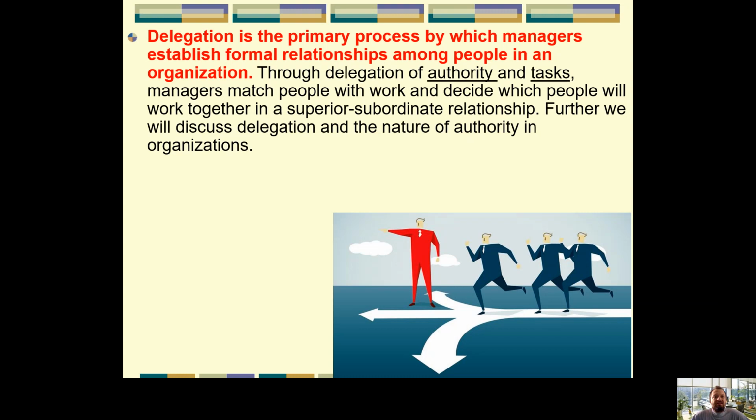We are using delegation. And delegation is the primary process by which managers establish formal relationships among people in the organization. And when using delegation, we are using such terms as authority and tasks.